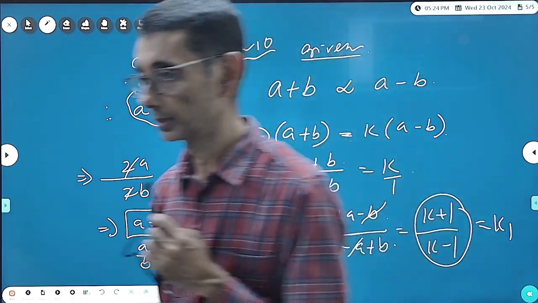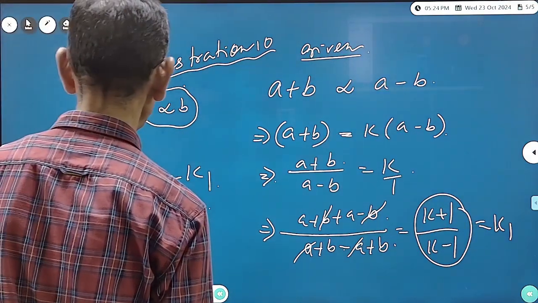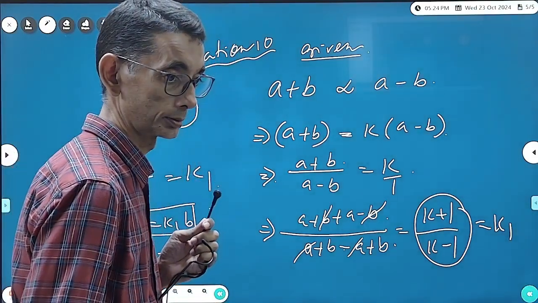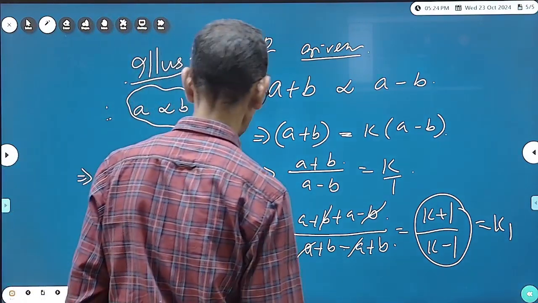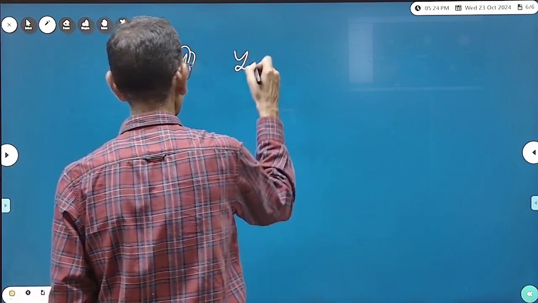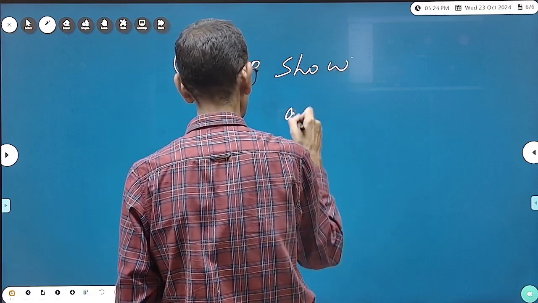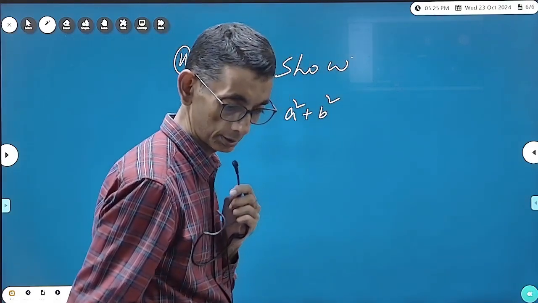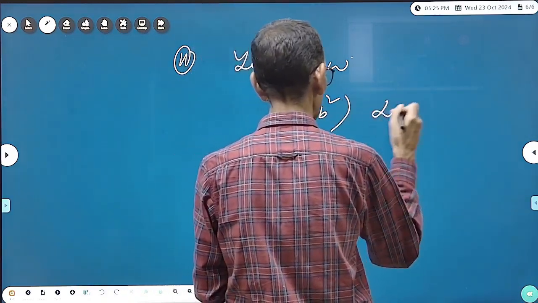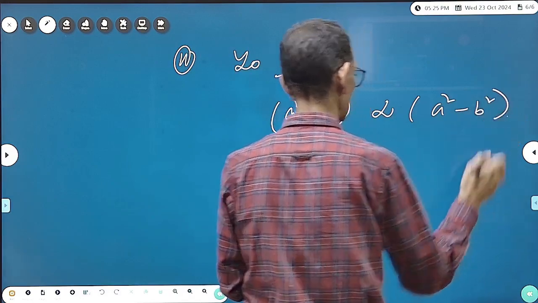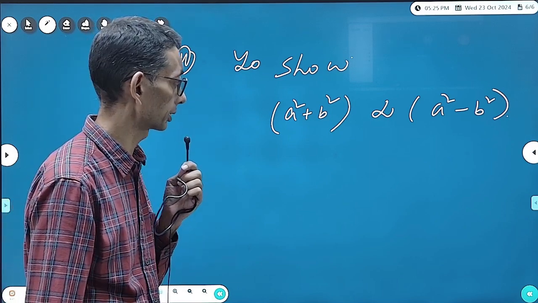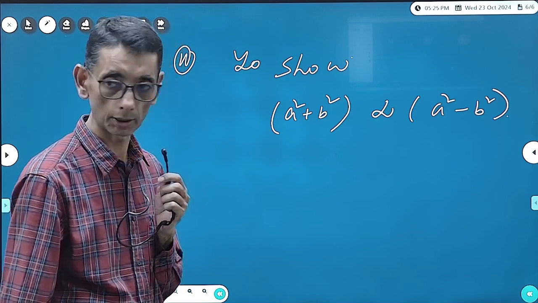We need to show a square plus b square is directly proportional to a square minus b square. Done? This is what is asked.